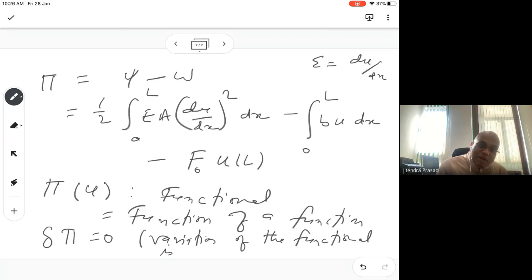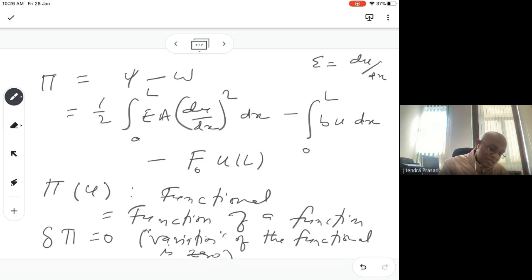The value of the function will be the same, basically, because the potential energy is the minimum. Meaning what? If this value remains the same, this is like a stationary point, right? So it is the same as saying the slope becomes 0, right? So the variation of the functional is minimum or 0, you can say, right?